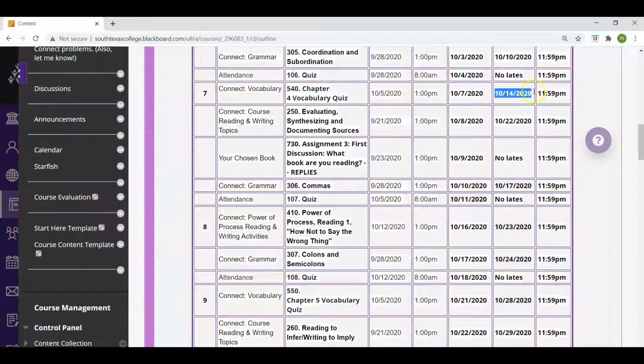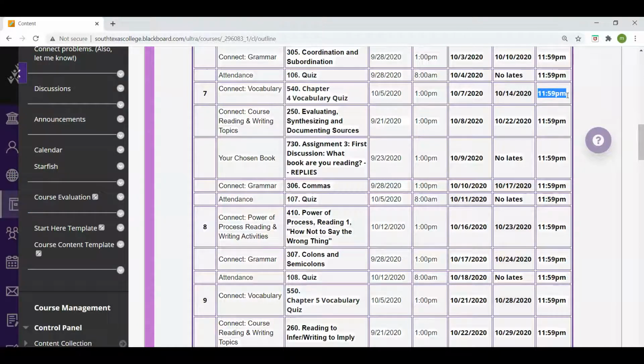So as long as you get it in by 11:59 p.m., which is always the time, no matter what date I say, and by that date, which in this case is October 14th, you will get as much chance as anyone else to get 100 on it, or however many you deserve based on how many you get right. Okay. So that's the thing. It's just an assignment like all others.